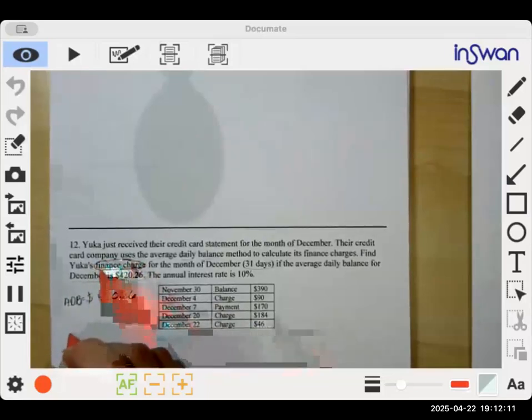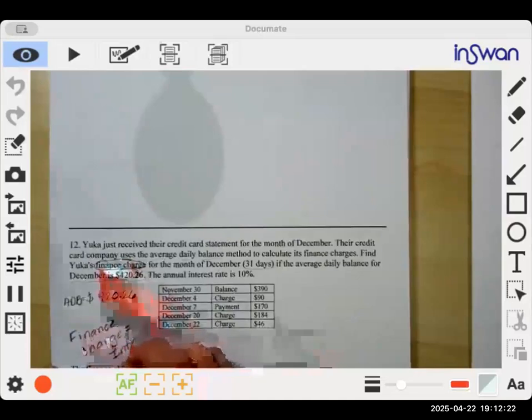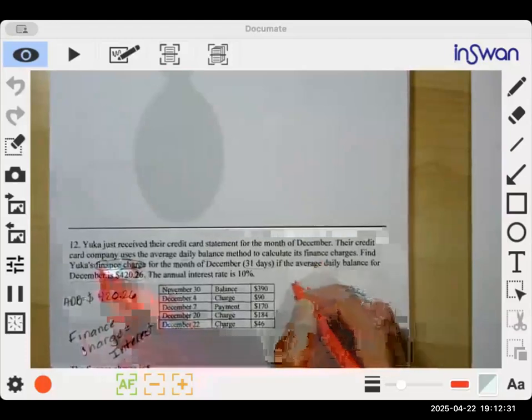The finance charge is just a fancy way of saying the interest. So finance charge equals interest. So we're just calculating the interest.